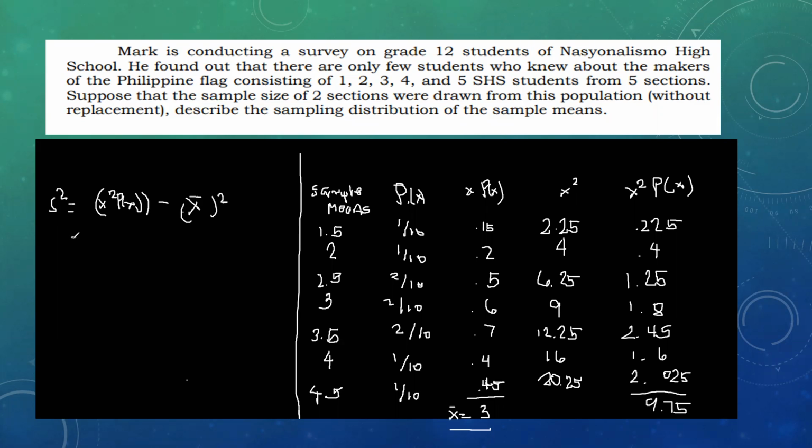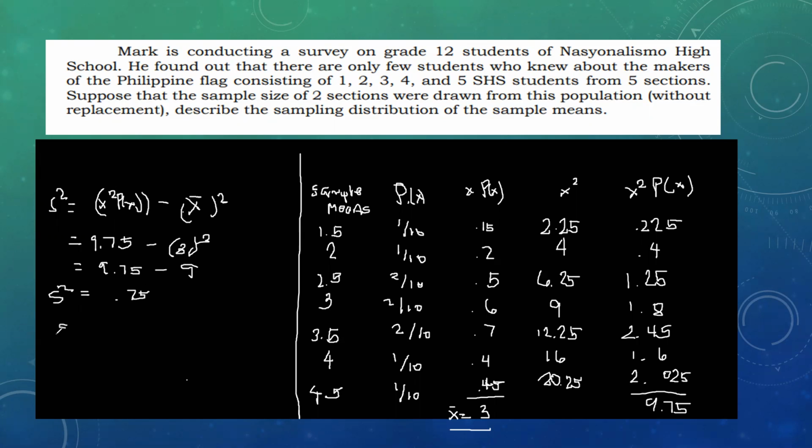Okay. So that will be 9.75 minus our mean, which is 3 squared. So that will be 9.75 minus 9. So our variance is 0.75.